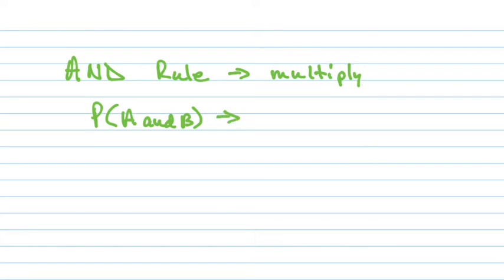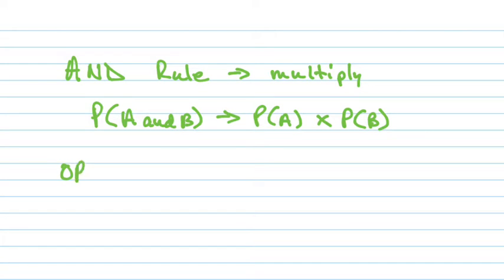So, the probability of A and B is the same as the probability of A times the probability of B. And that's one of the reasons that probability trees work so well. As you're going along a branch in a probability tree, it's this probability and this probability and this probability, right? So it's very easy to organize those rules.